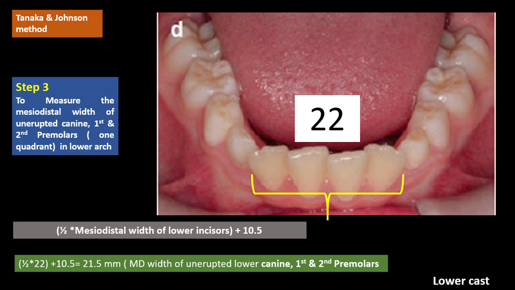For the lower incisors, we add 10.5 to that number. Here we have 22 millimeters. 22 divided by 2 plus 10.5 gives 21.5 millimeters. This 21.5 millimeters represents the mesiodistal width of the unerupted lower canine and premolars.